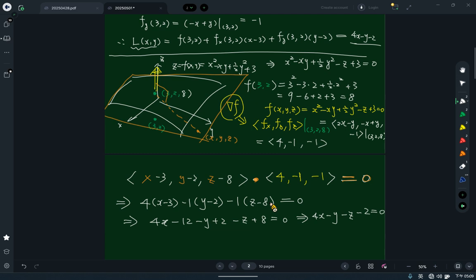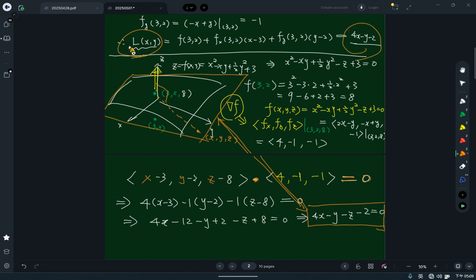So did you notice that this tangent plane, by following the rule we learned on Monday, is this one, right? Did you notice this tangent plane is the same as this one.